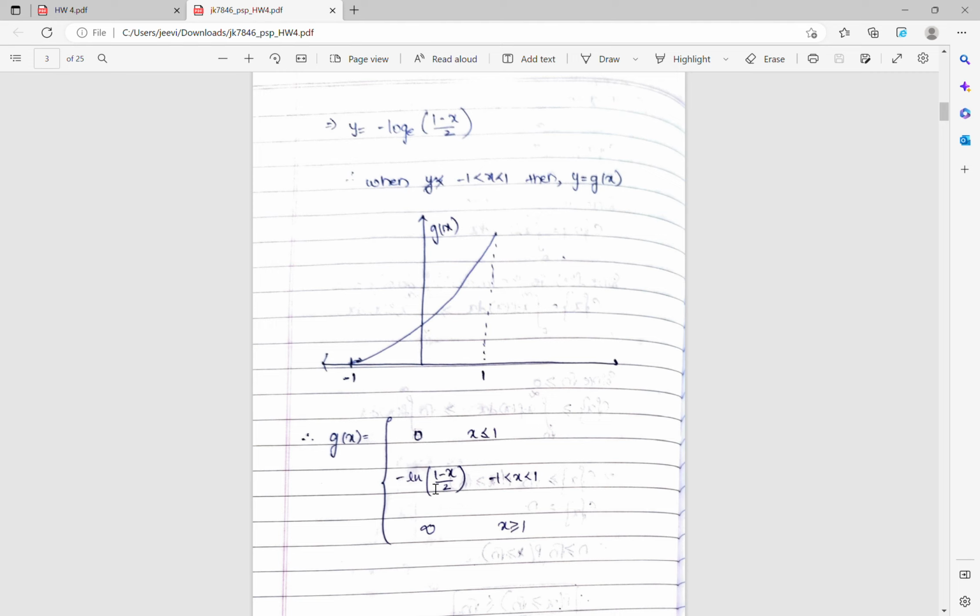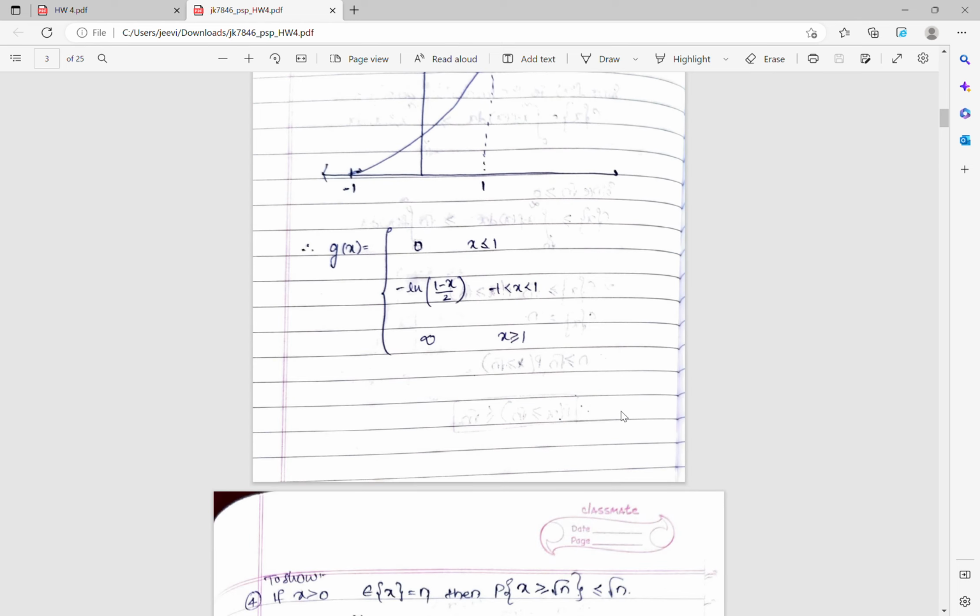It will be minus ln of (1 minus x) by 2 if the value of x is between -1 and 1. If the value of x is greater than 1, the value will be infinity. Therefore, this is the solving of the second question.